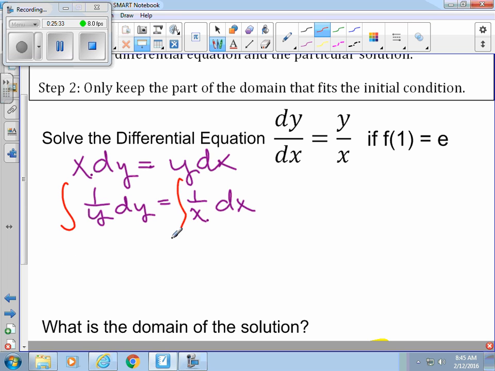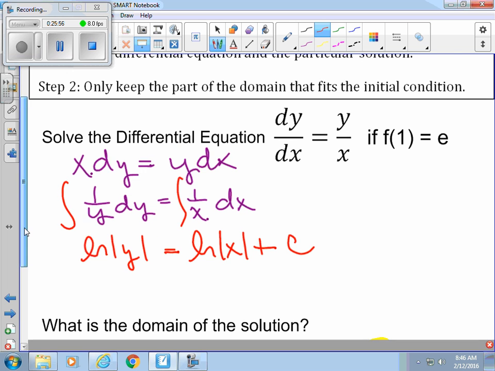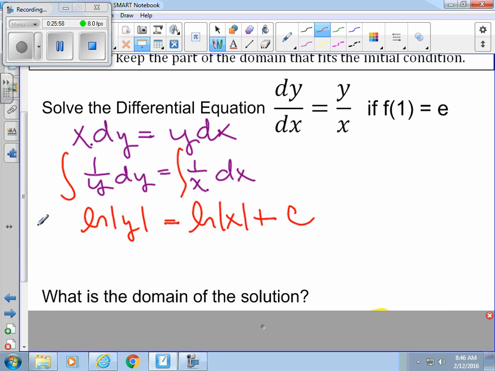Integrate both sides. Sometimes in this integration, you will need a u substitution or some integration technique. Don't shortcut just because it's a differential equation. Do whatever you need to do to find the antiderivative.